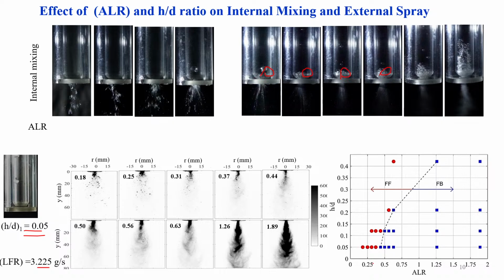At lower H by D ratio, we achieve it at an ALR of 0.5 itself. Further, as H by D ratio increases, we achieve it at higher ALR ratio. Similarly, for 0.42, we achieve the flow blurring concept at a higher ALR ratio.